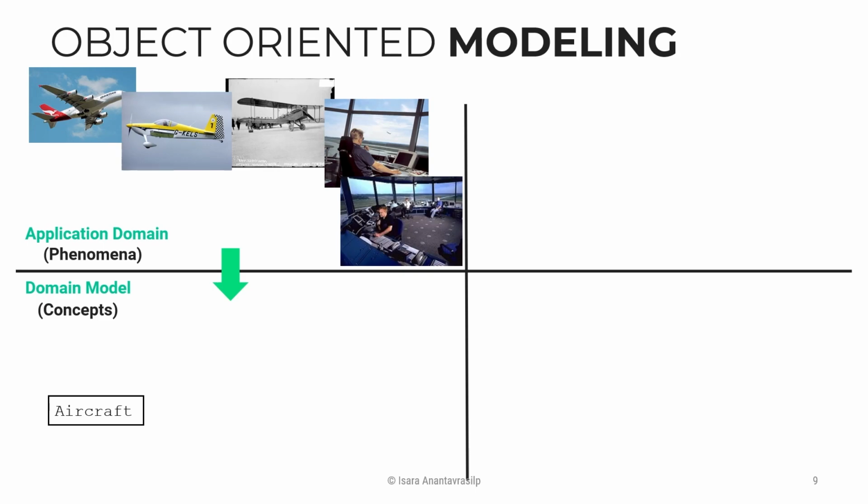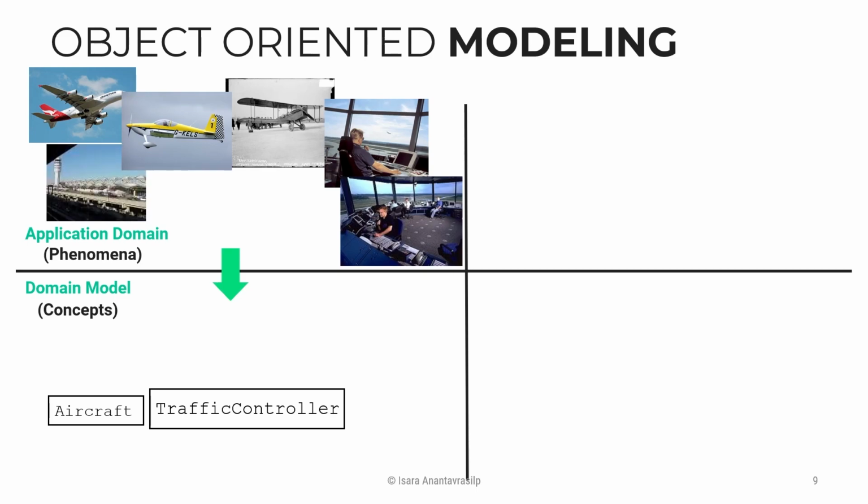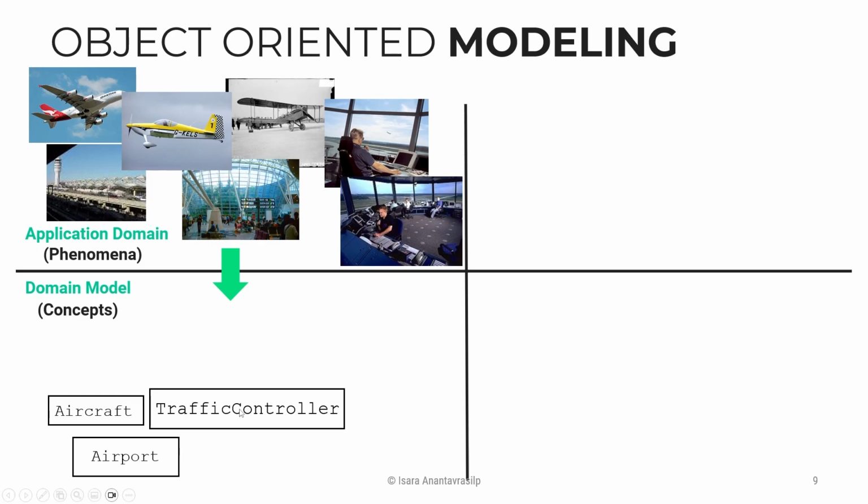Here, you can model them as a traffic controller, right? And of course, the airport has terminals too. Okay, you mean the buildings and everything. Here you just model them as airport, and of course, the airport can have some other subcomponents like terminals or gates and so on. All right, but for the sake of our conversation, let's just call them airport.